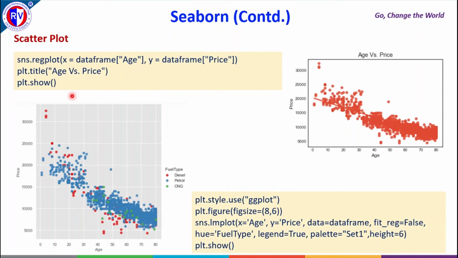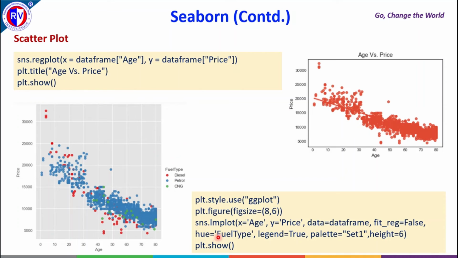When it comes to the regression plot, in the graph we will see a thick regression line. You can see these red dots represent the data points, whereas the thick line specifies the regression line. To plot a regression plot, I have taken two columns: age and price.